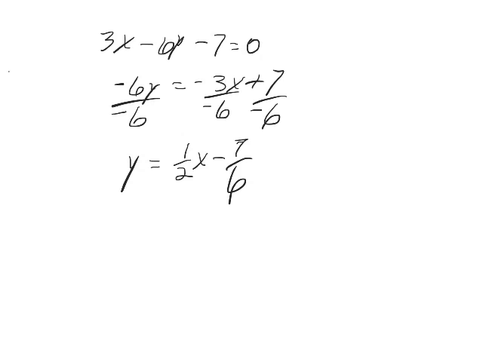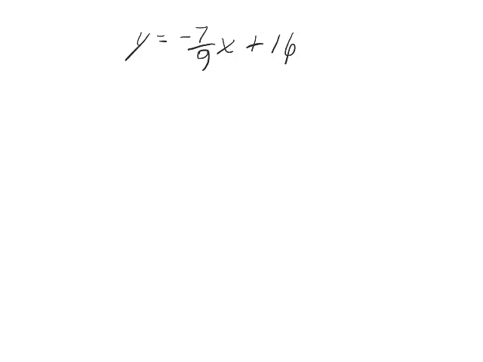Example 3, we've got a slope of negative 7/9 and a y-intercept of 0.16, which means our y-intercept is actually 16, so it's just going to be y equals negative 7/9 x plus our y-intercept of 16, and we're done.